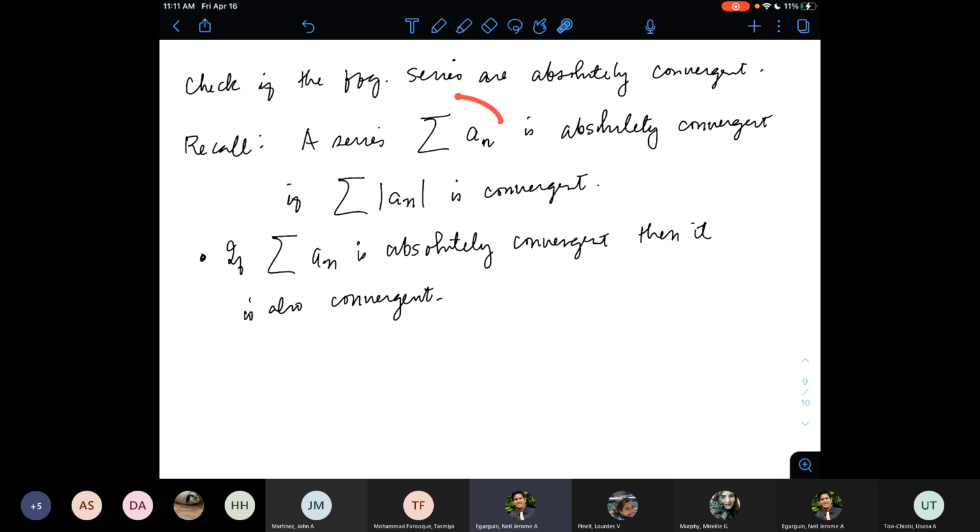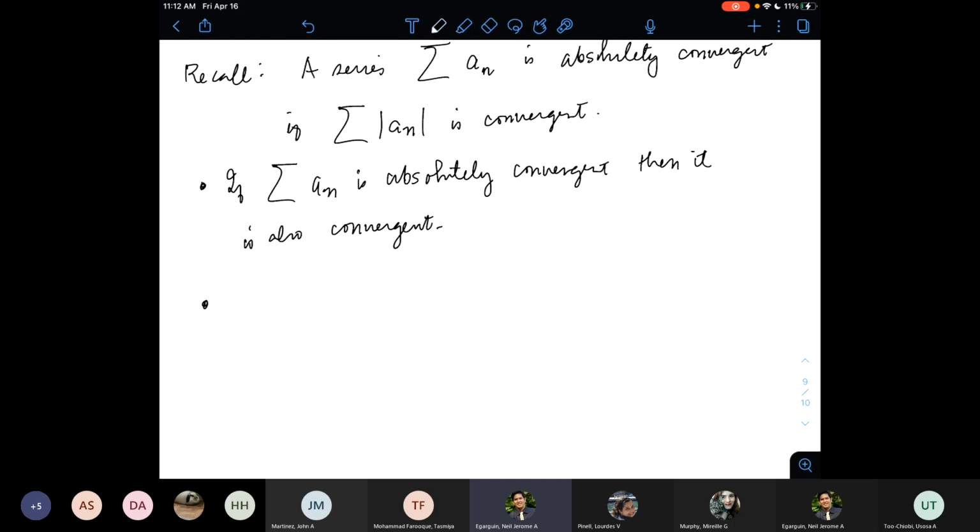By the direct comparison test, this one must also be convergent. That's why sometimes you will see in some textbooks the ratio test and the root test done with absolute values, because if the series is absolutely convergent, then it will also be convergent.